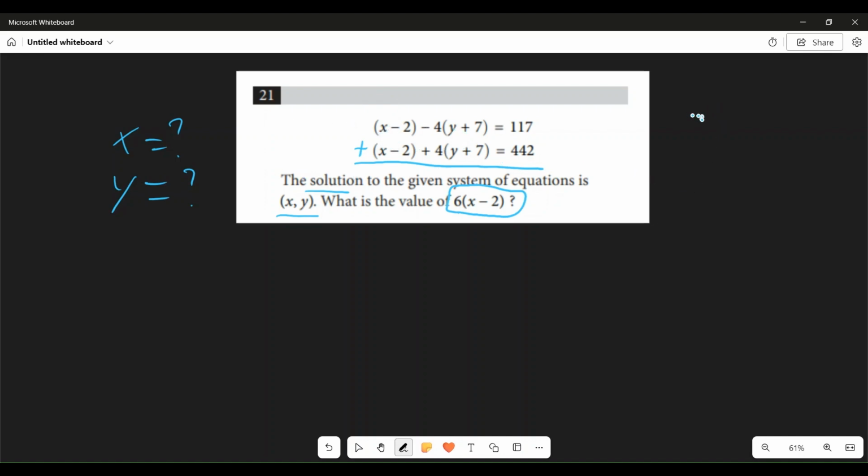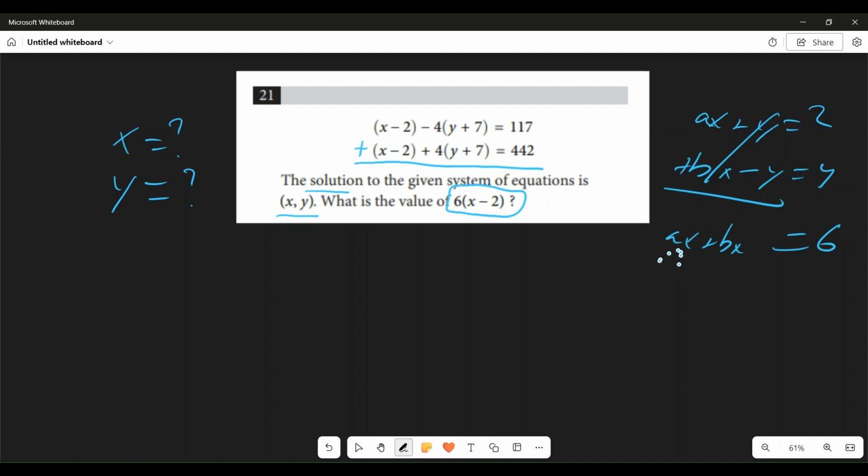So for example, if you had a system of equations ax plus y is equal to 2, and then you had bx minus y is equal to 4, you can add these up, and the y's would cancel out, and you'd have a sum equal to 6. So you'd have ax plus bx is equal to 6, and then you could solve, if you had more variables. You get the idea.